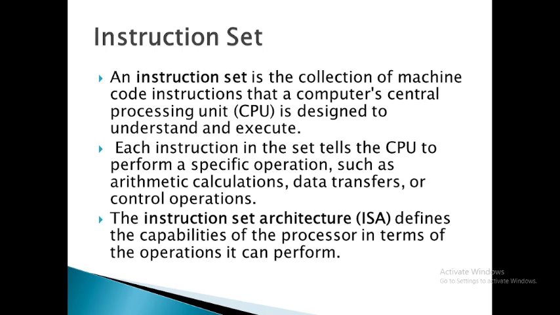Now let's look at the instruction set. An instruction set basically is a collection of machine codes that a computer central processing unit is designed to understand and process or execute.